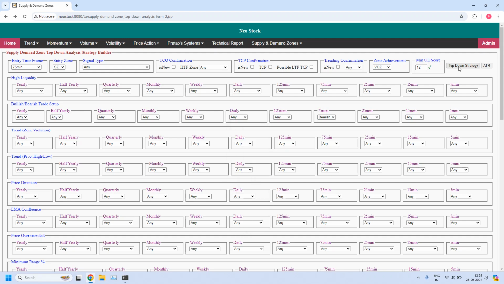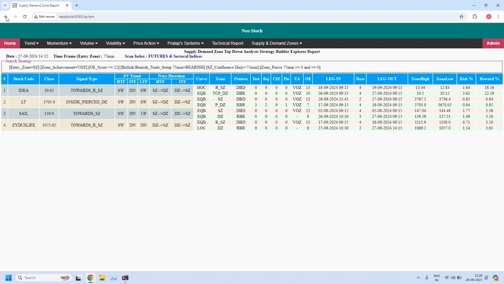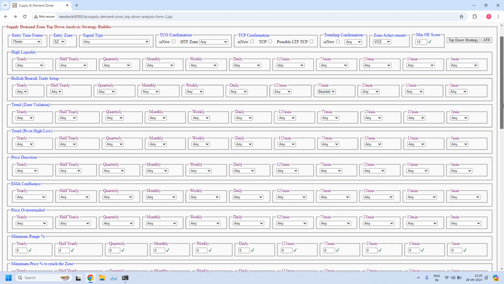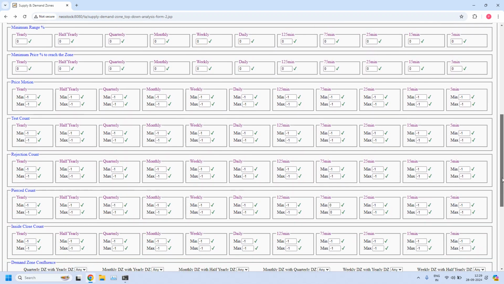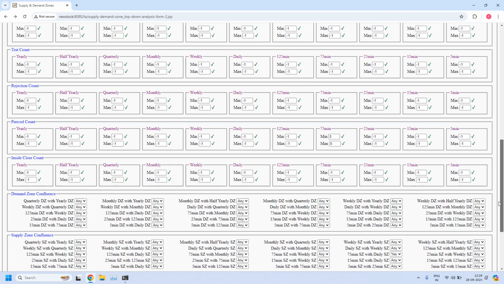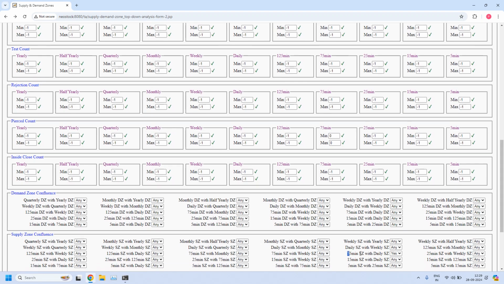Earlier 4 stocks were filtered. Out of these 4, how many are having LTF, ITF, HTF confluence? So in the supply zone confluence, we already enabled the 75-minute supply zone with daily supply zone. Now we are enabling the 75-minute supply zone with weekly supply zone and daily supply zone with weekly supply zone confluence, enabled with all the 3 filters.